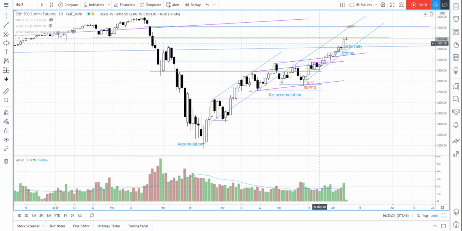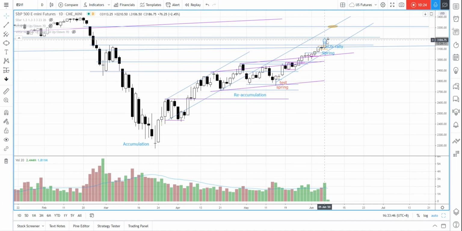So this is the middle line, and you can see that it actually grinds up very well with the price action. So if we think of this as an up channel, then I think we can still have some room to go up until we hit the overbought area here, which is in line with the resistance level at 3300 or 3310, somewhere around there.